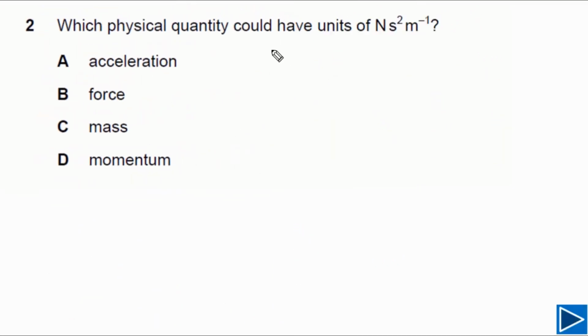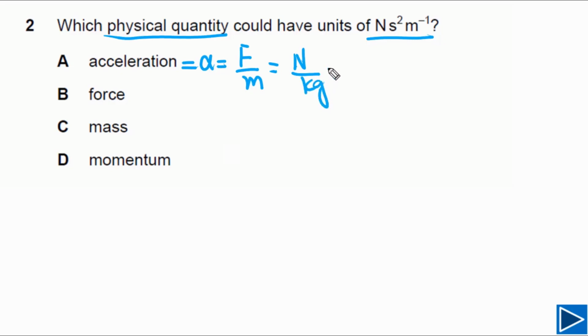The second question is based on physical quantities and units. For this question, we need to find out which physical quantity can have this unit. If you look at the first physical quantity, acceleration, we can simply denote it with the letter A, and this is equal to force over mass. The unit of force is Newton and the unit of mass is kg.